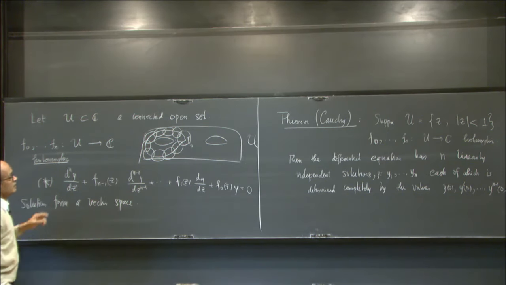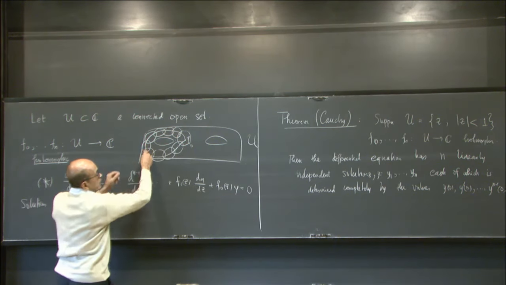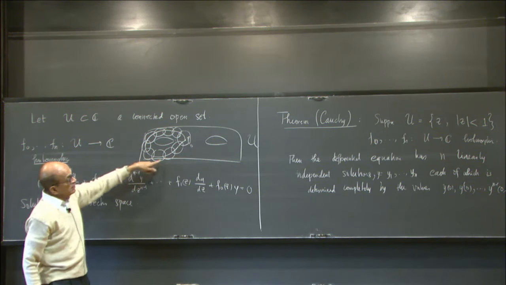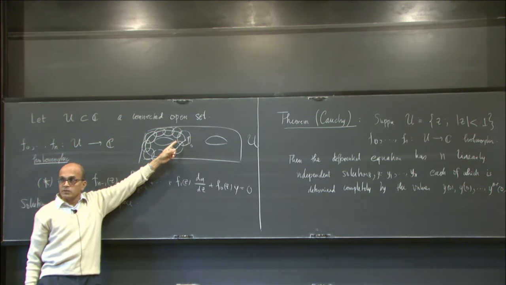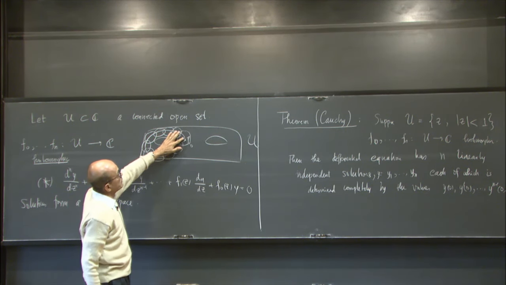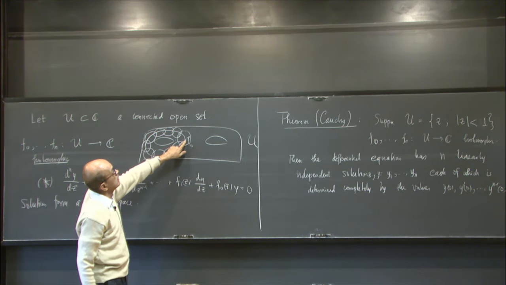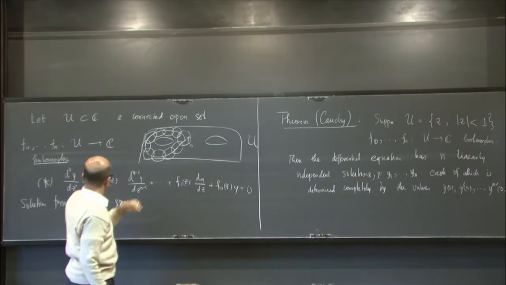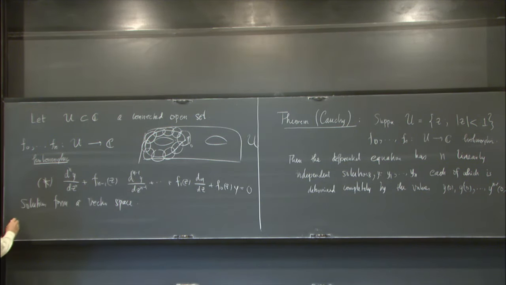Right? And it's clear that if I deform this loop a little bit, the new solution doesn't change. So the solution depends only on the homotopy class of the path of this loop.